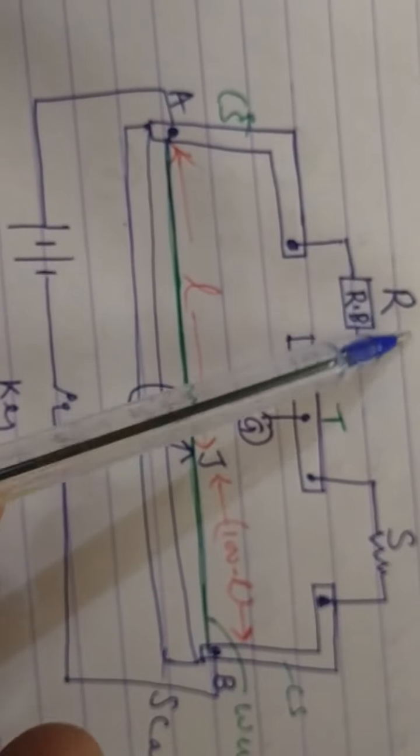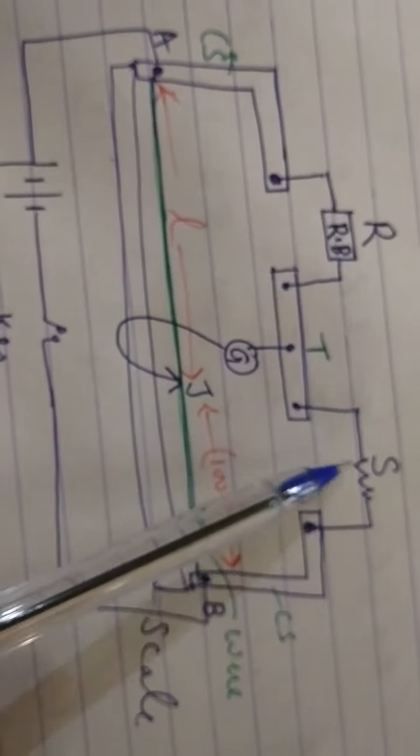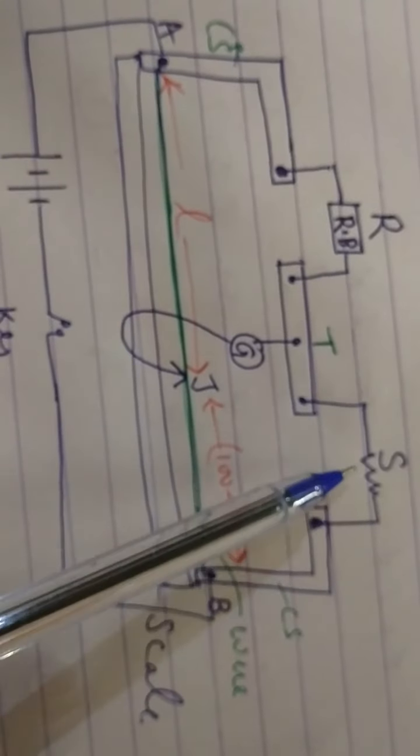Now between these 2 gaps, a resistance box is attached. Here we can change the resistance, and here the unknown resistor which we have to find out is fixed in the other gap. This we can interchange also.